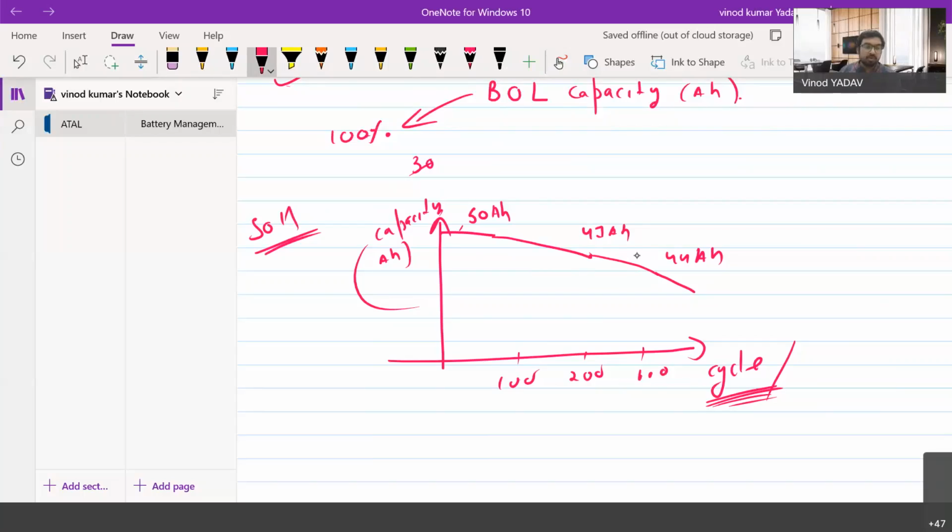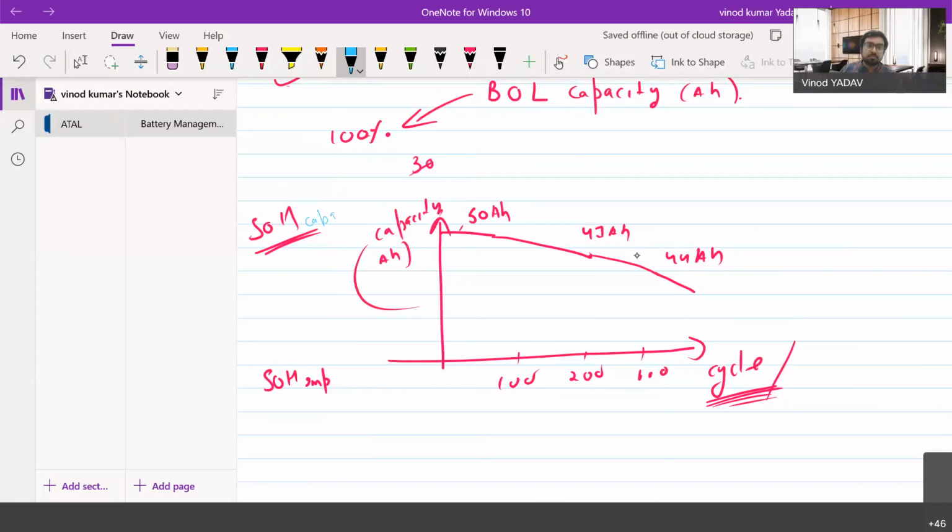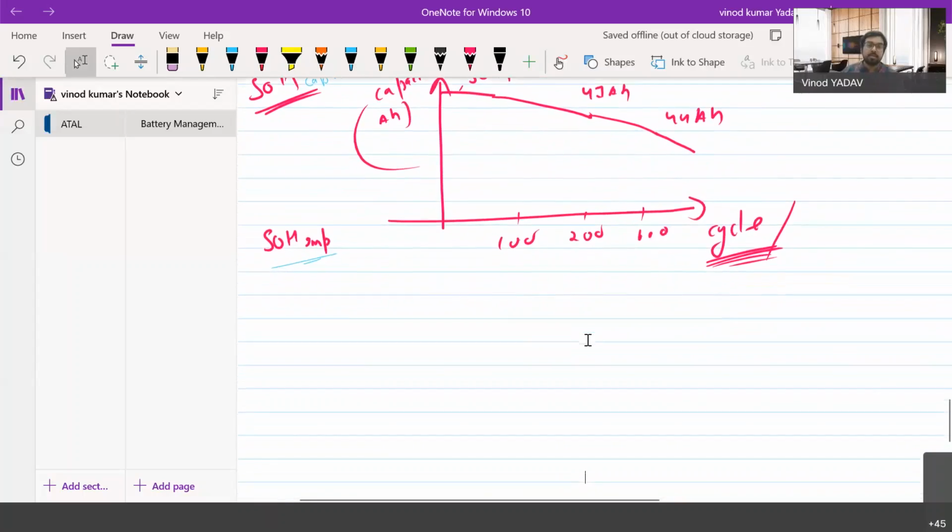In this, there is one more parameter, that is the SOH impedance. The graph which I plotted is SOH capacity. SOH impedance is the resistance that is offered by the battery.